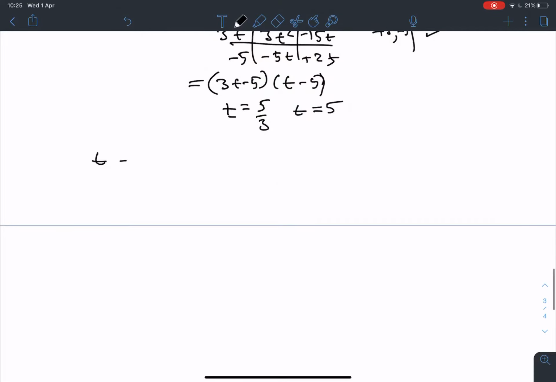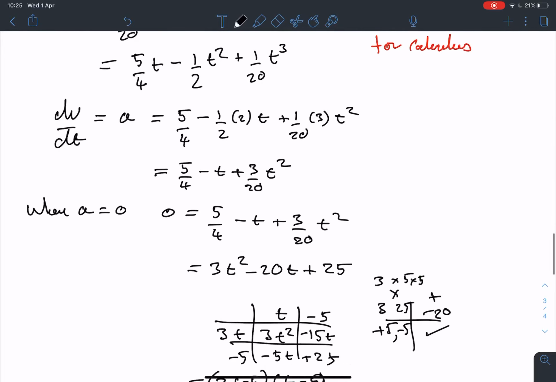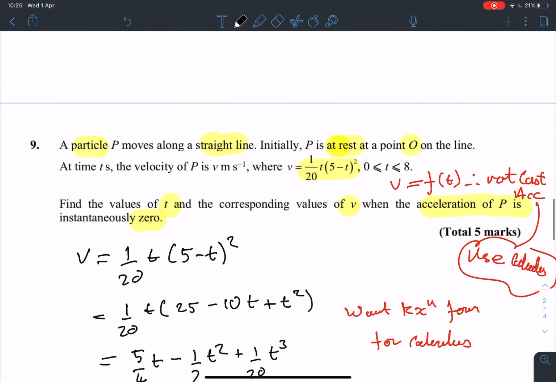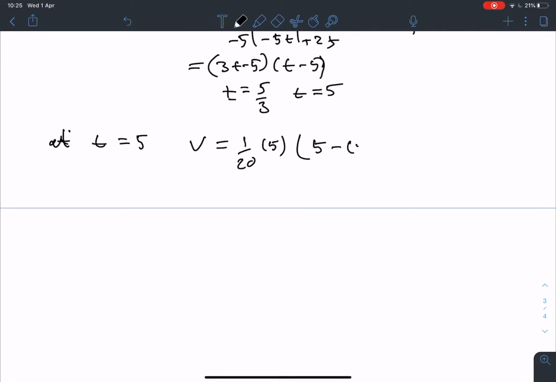So t equals 5, v equals, probably best to use the original equation, 1/20 of t, which was 5, times 5 minus t squared, so 5 minus 5 squared. So that gives 0 very quickly because this bit is 0 and they're all multiplied together.